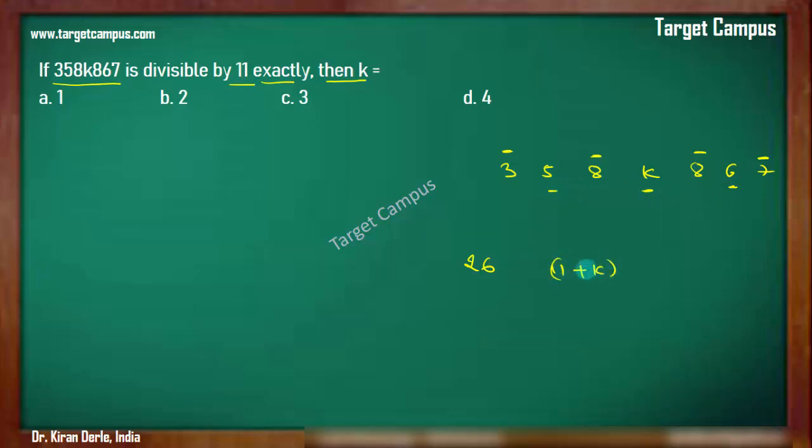Now the difference of these should be 0 or 11 or 22 and so on. Fine. So we cannot make it 0, because then this total should be 26, which is not possible because k is a single digit number, right? k is a single digit number.